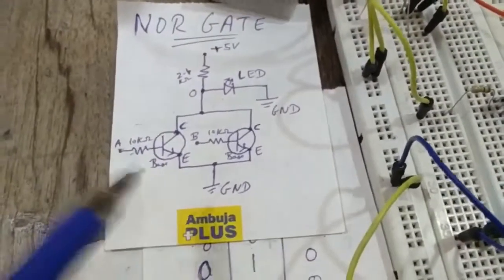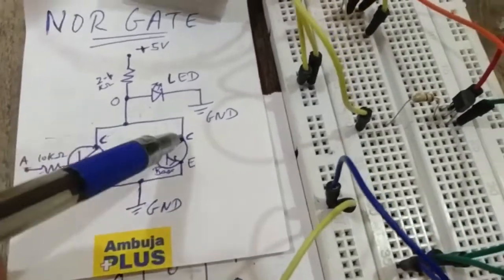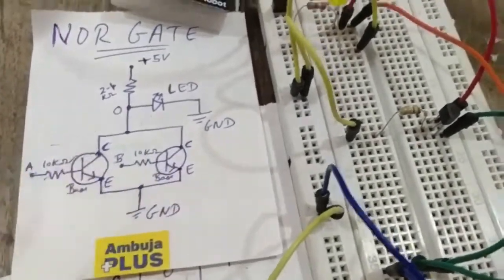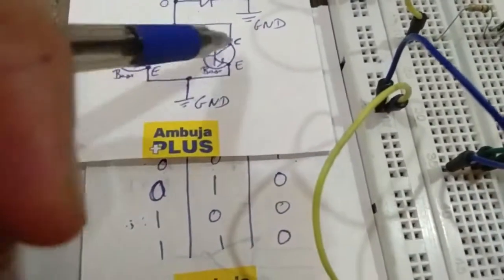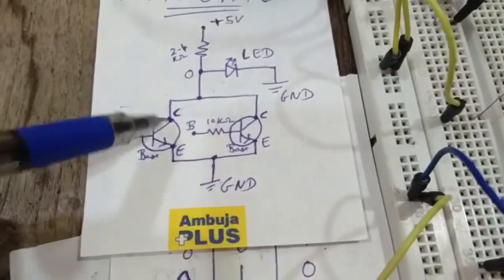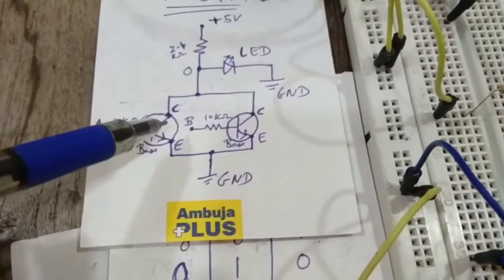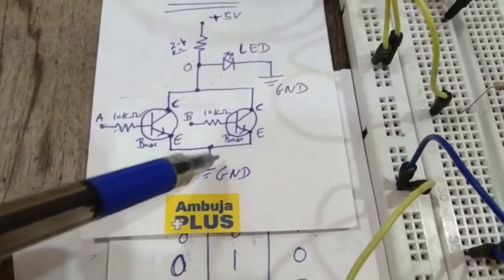Here there is a connection between collector and emitter for both the transistors, because A and B both are 1. So whatever supply passes through the collector is received at the emitter of both the transistors and connects to the ground.